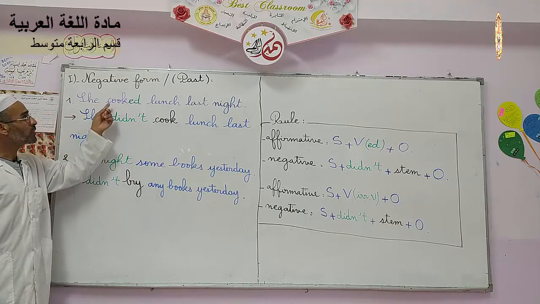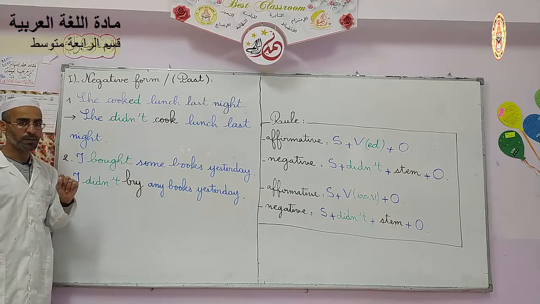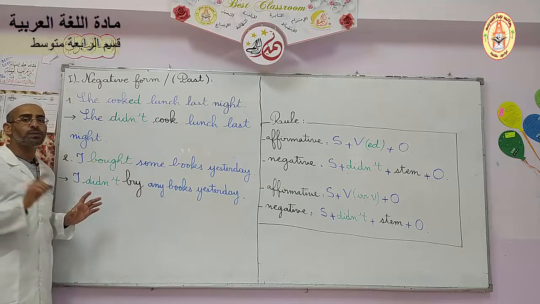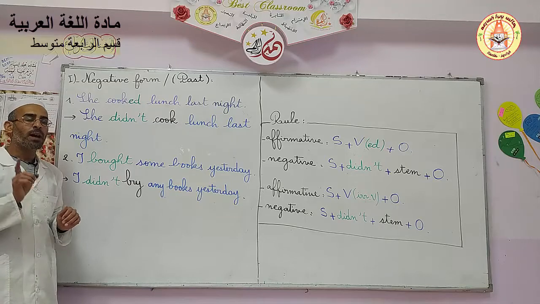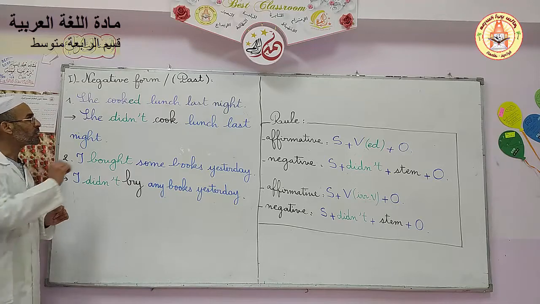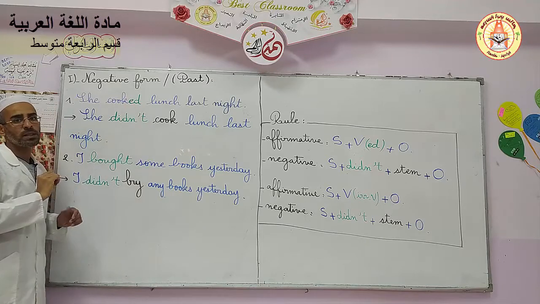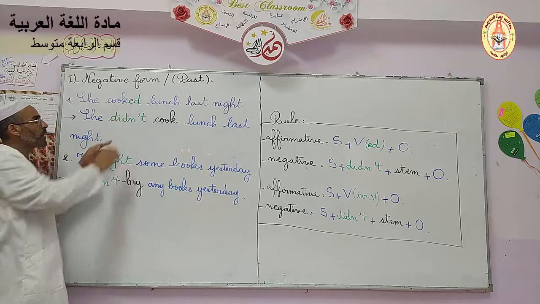Now why here in cooked is there an ed and here there is no ed? Because cooked is a regular verb. We call them in English regular verbs, and regular verbs generally take ed as a mark of the past. At the end of the verb we find ed.